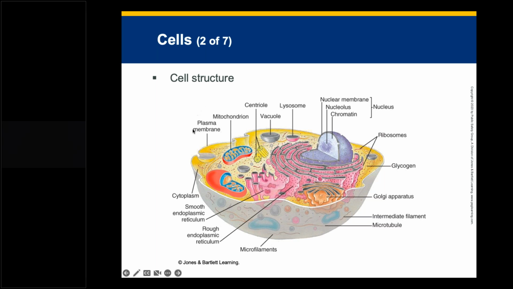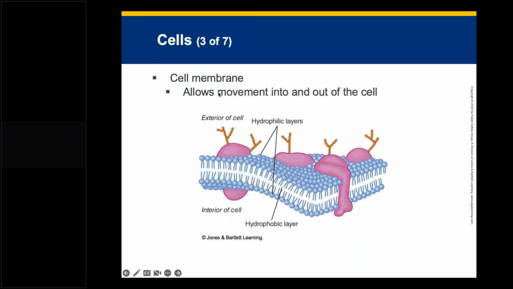We have lysosomes, which are more destructive cells. We have the cytoplasm over here. The mitochondrion, which is the powerhouse of the cell. I don't want to get ahead of myself as we go. Go to the next slide for the cell.